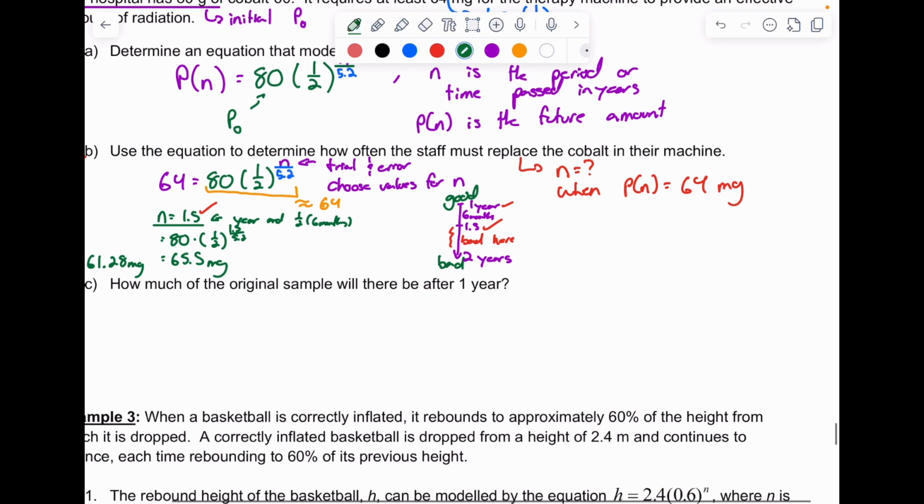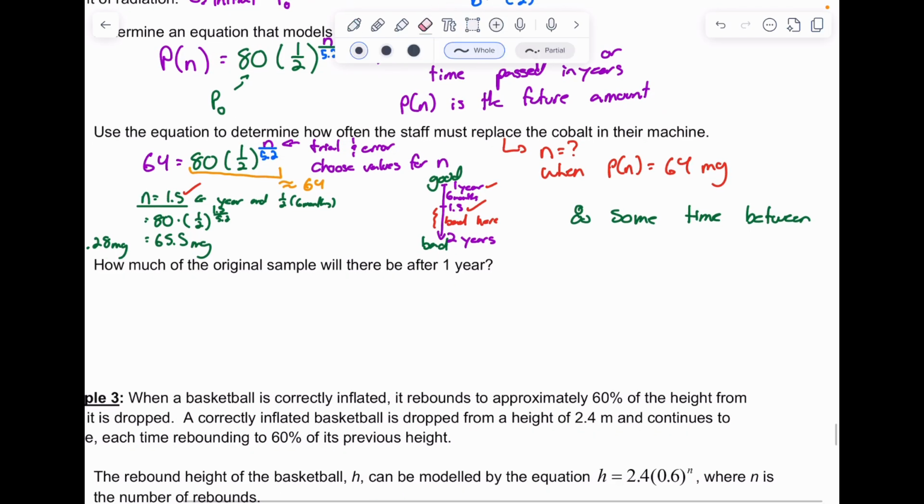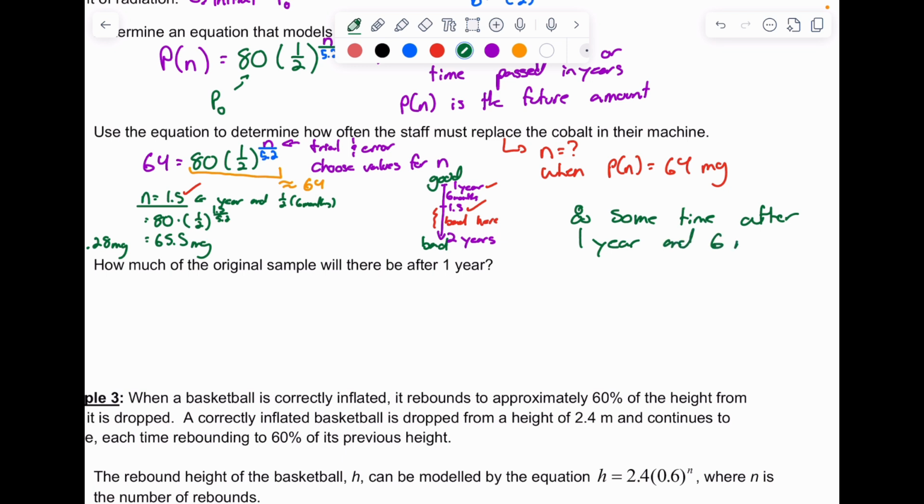So therefore, sometime after 1 year and 6 months, they need to replace it.